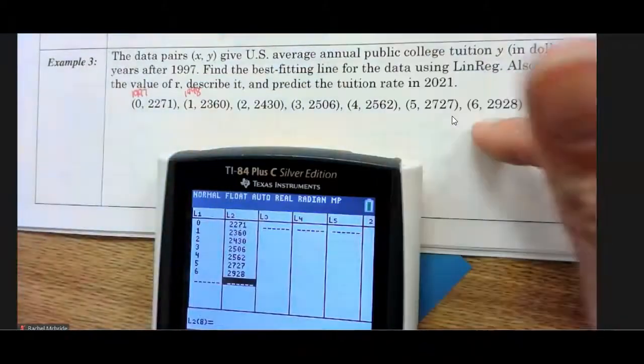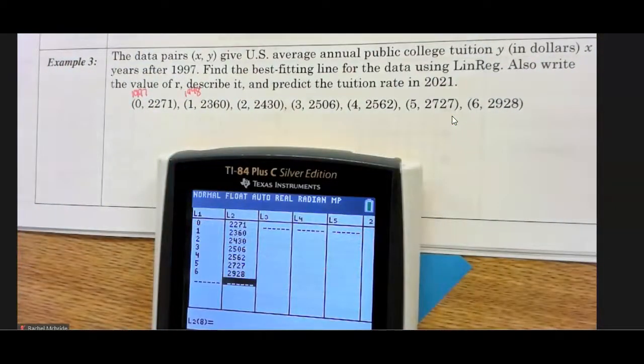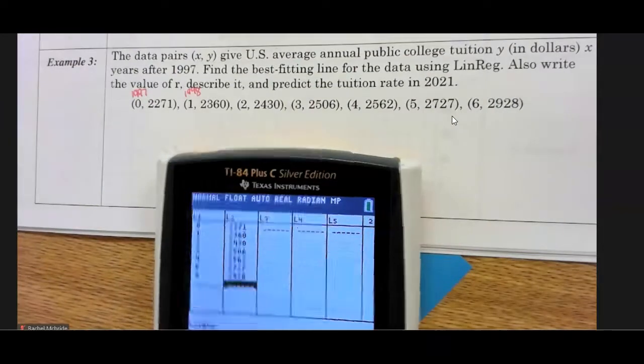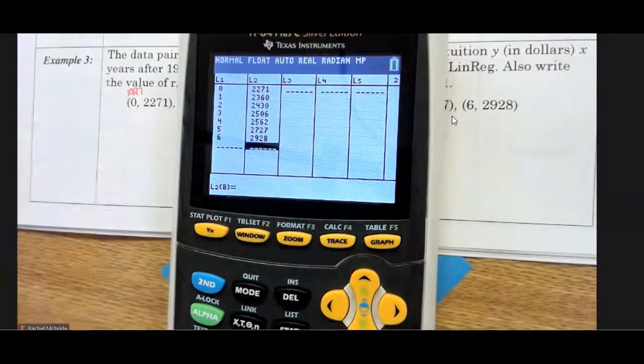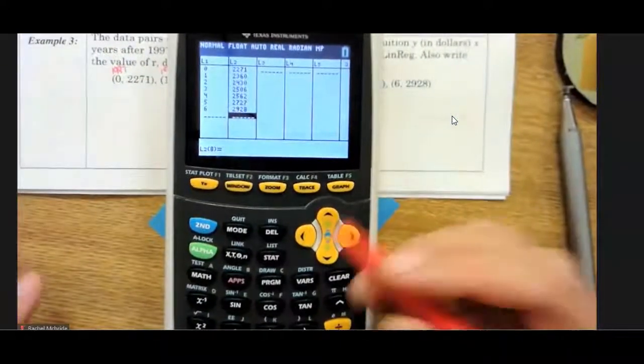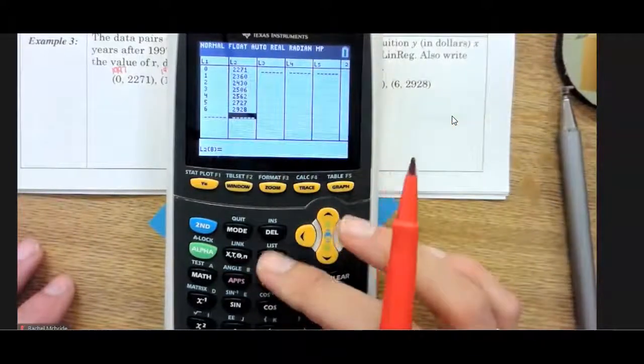Just looking at the data, the numbers in Y and X are both increasing. So I predict that this will have a positive relationship. You're going to hit the word stat now that your data is typed.